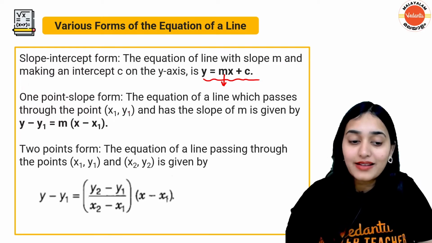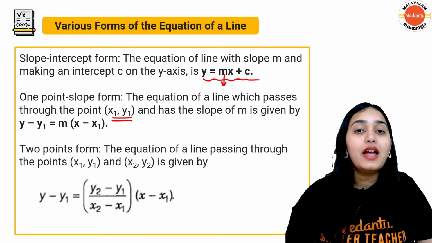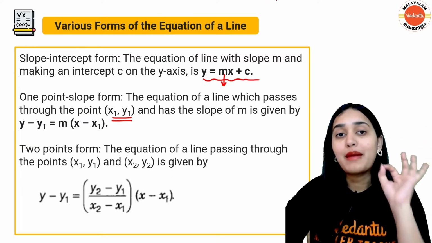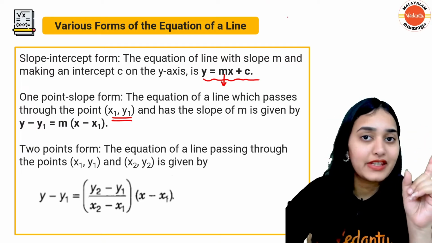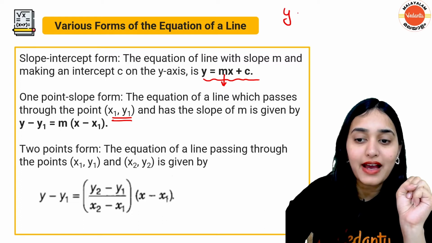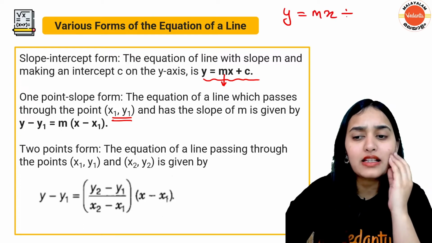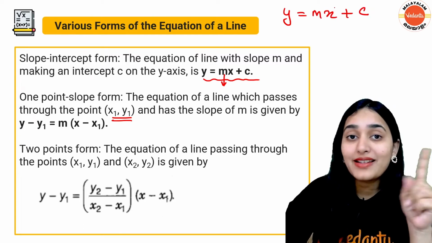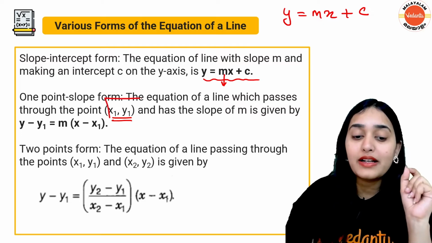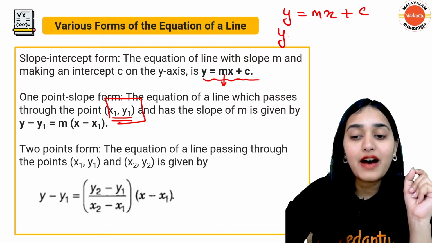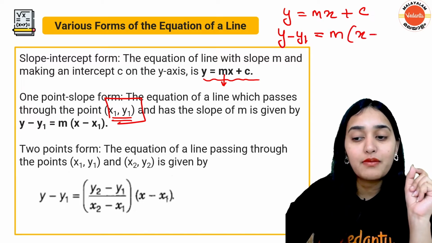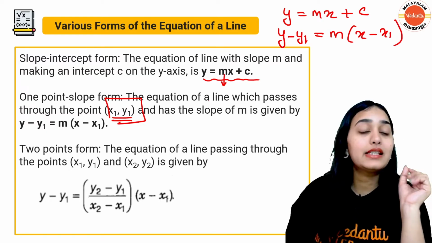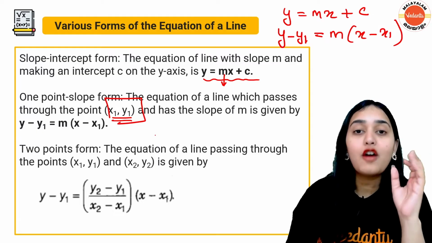If it is not passing through the origin but through a point (x1, y1), the equation of the line is y minus y1 equals m into (x minus x1). If it is passing through the origin, it is y equals slope into x plus c. But if it passes through a point (x1, y1), it will be y minus y1 equals m into (x minus x1). This is the equation of the line.